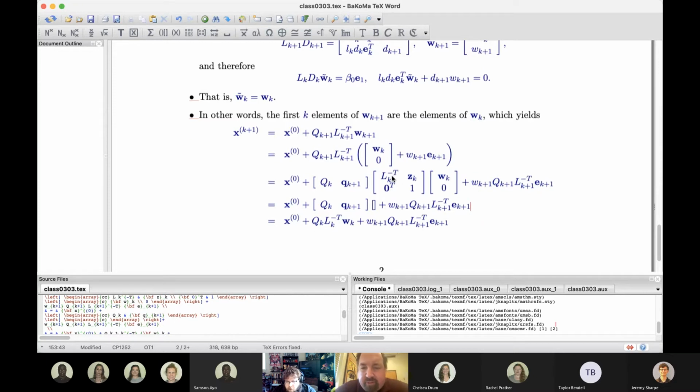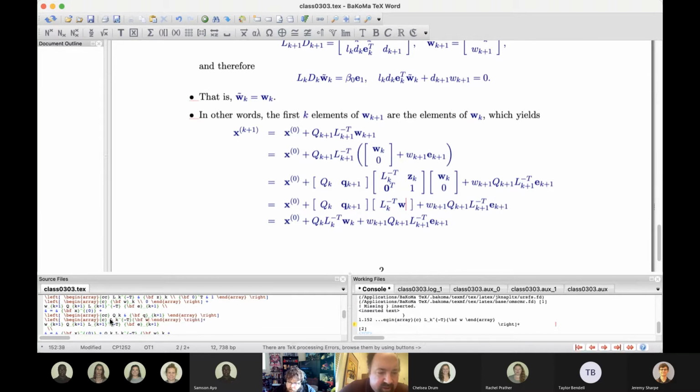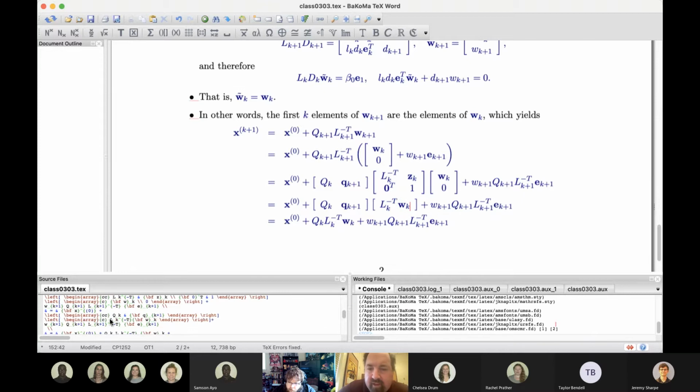So if I carry out the matrix vector multiplication, I get L_k inverse transpose w_k plus z_k times 0. Okay, so I have L_k inverse transpose w_k. And then in the lower portion, I have 0 times w_k plus 1 times 0.